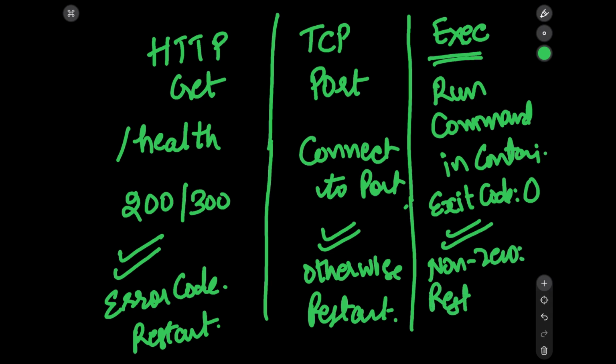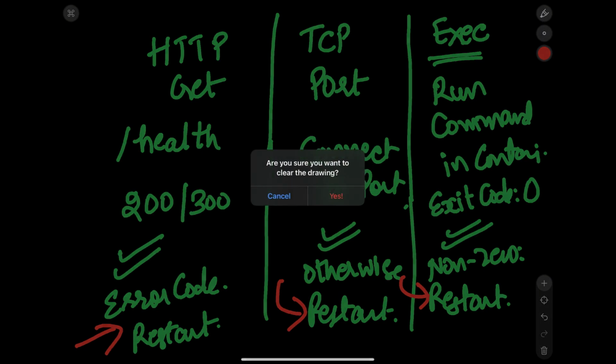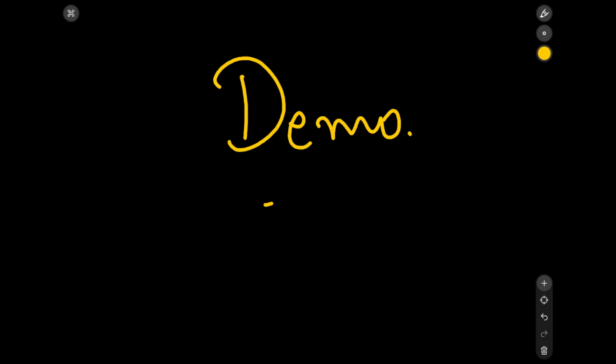If a non-zero error is returned, then we restart the container. This is all managed by kubelet on the worker nodes. So whenever there is an error code, the liveness probe fails and restarts the container.